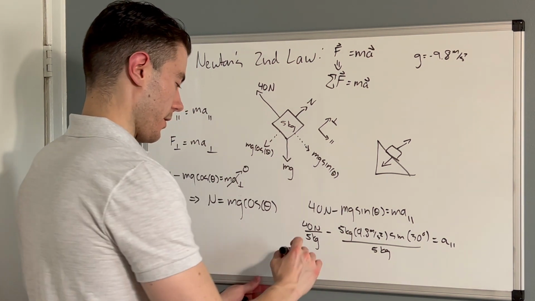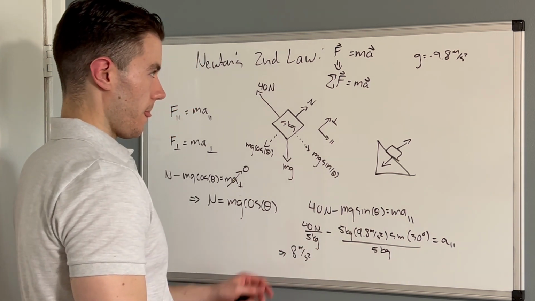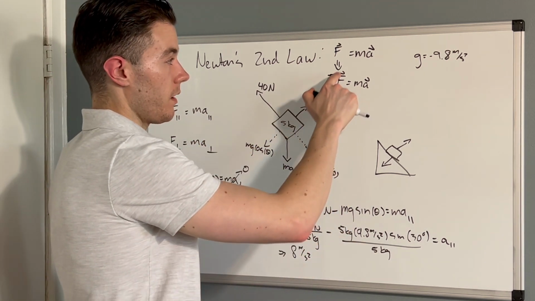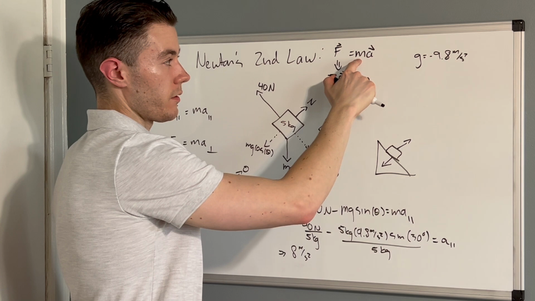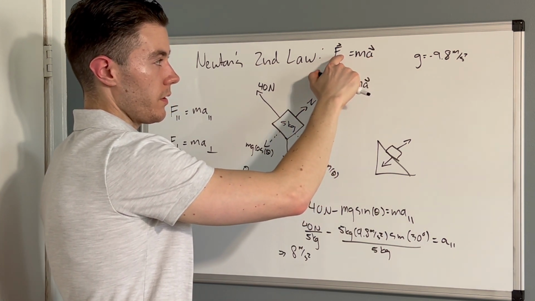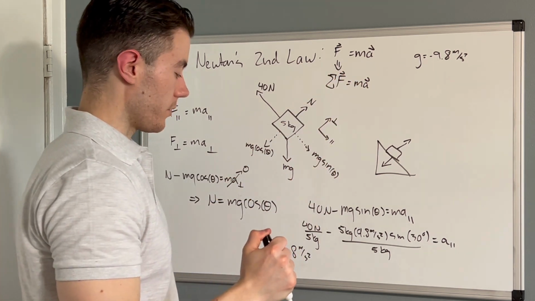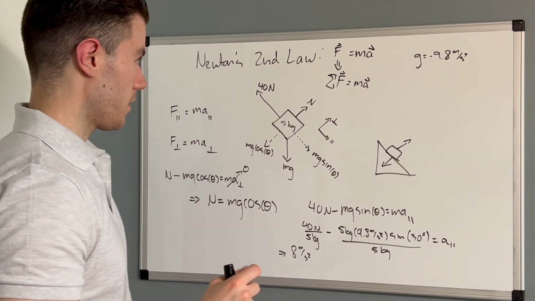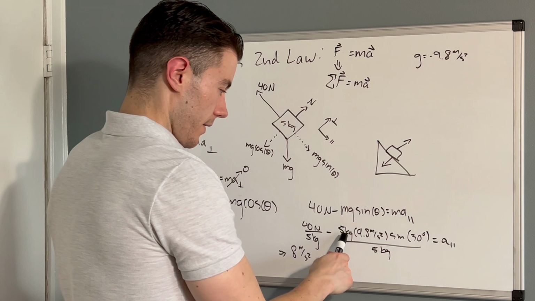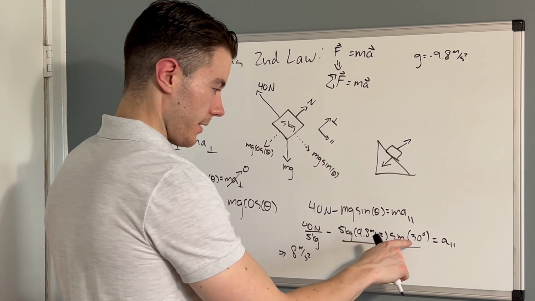Newtons divided by kilograms is meters per second squared. That's an acceleration. So it's always good to do dimensional analysis. Dimension of newtons, dimensions of kilograms, dimensions of meters per second squared. So if you do newtons divided by kilograms, you should get meters per second squared, which is the unit of acceleration. So that's good because we're looking for an acceleration. 5 divided by 5 is 1. 9.8 times sine 30 degrees.